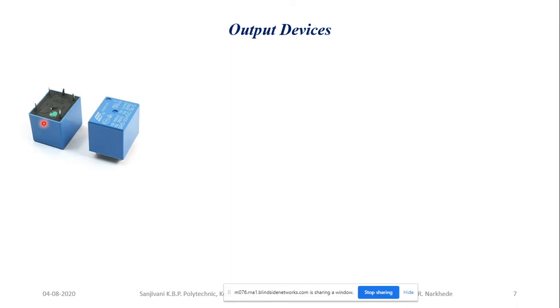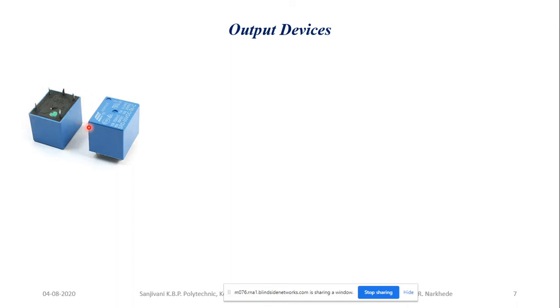If I want to control an AC device with the help of this controller, that is not possible because the rating of my AC device is 110 volt or 230 volt AC in case of India. So when you want to operate a 230 volt AC device with your microcontroller, we need to use a relay in between the microcontroller or PLC and the AC device.